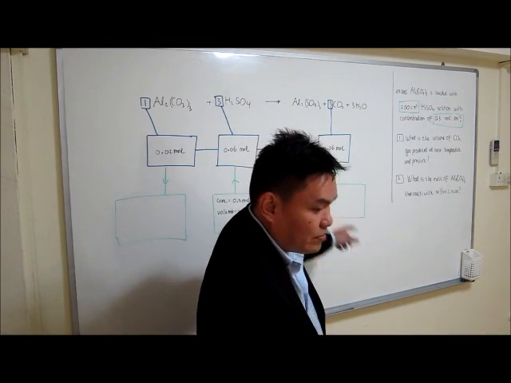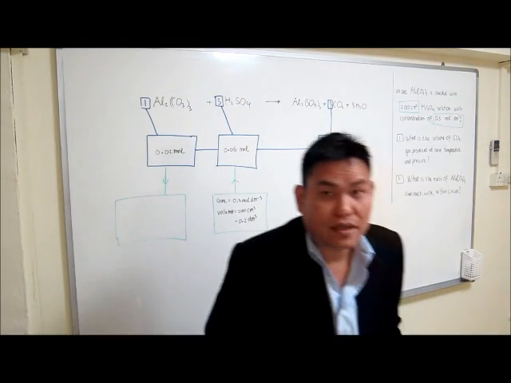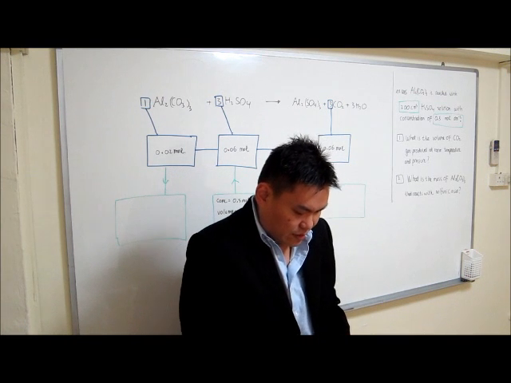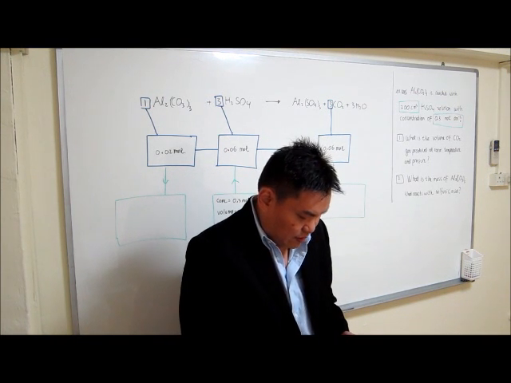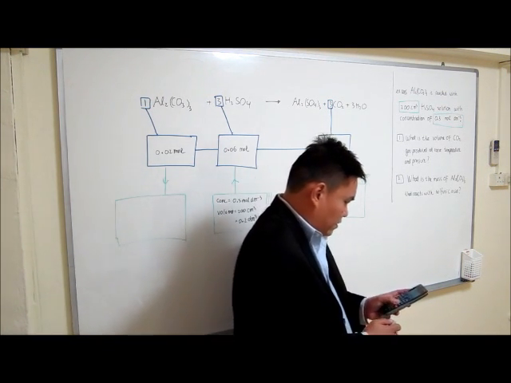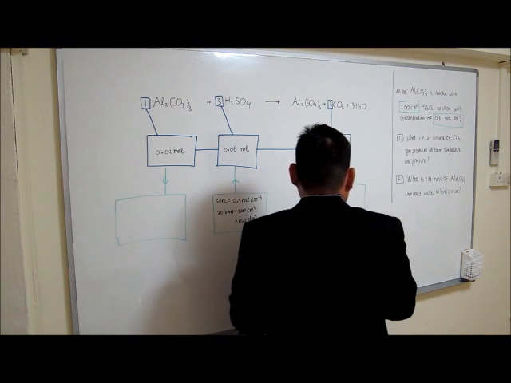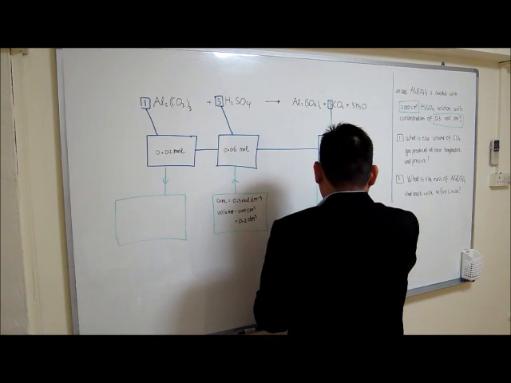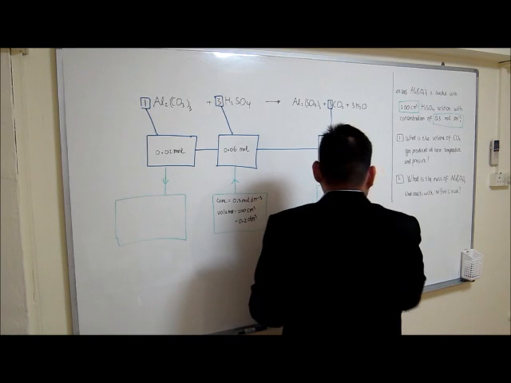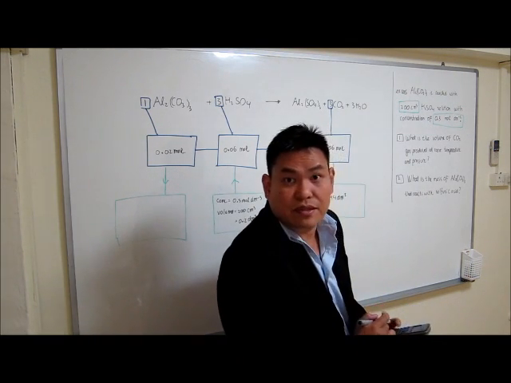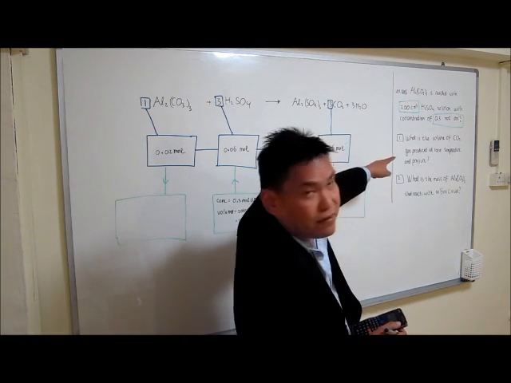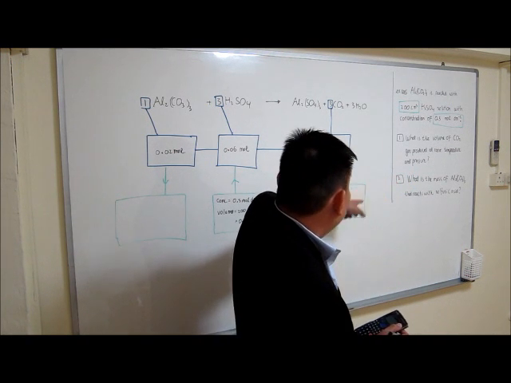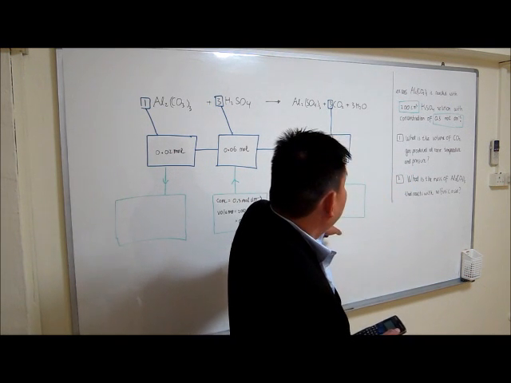So we just simply multiply 0.06 times 24. You are going to get 1.44 dm³. So very simple. The volume of carbon dioxide produced is 1.44 dm³.